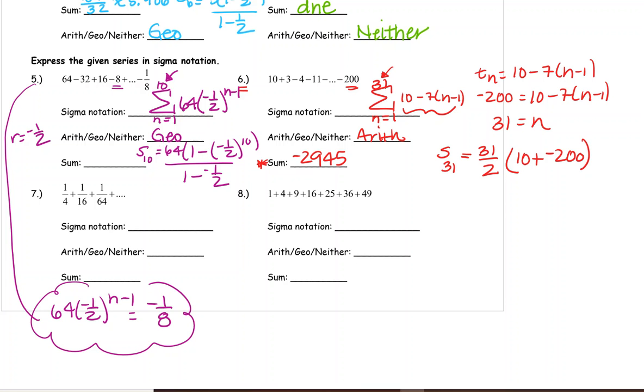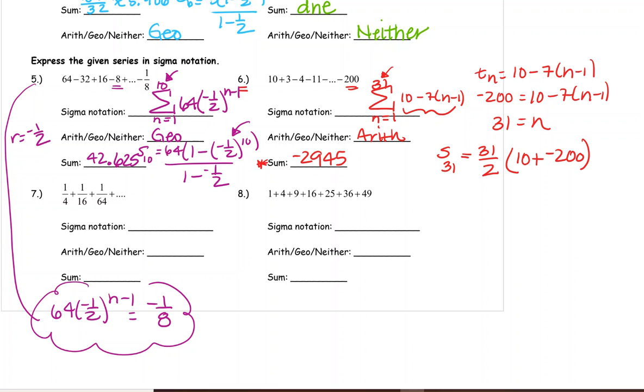You would just type this into your calculator, but I would really encourage you to be careful how you type that in, because you definitely need this -1/2 to be in parentheses because it's got an exponent applied to it. Type that in and make sure you get what I get, which is 42.625.